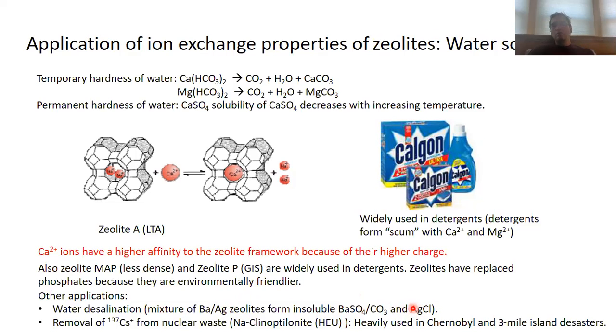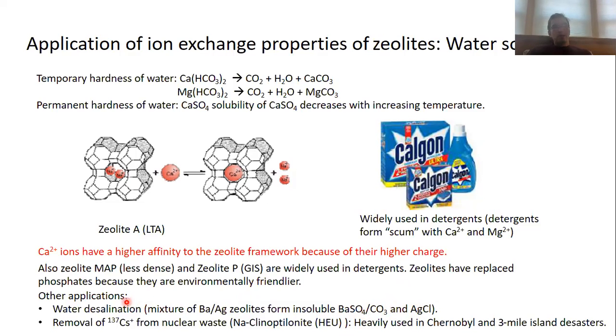Okay, so in this case, you do not just ion exchange, and when you substitute one ion by another ion in the water, you really remove the ions completely from the water due to the insolubility of these ionic compounds.